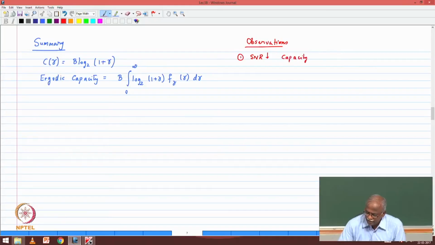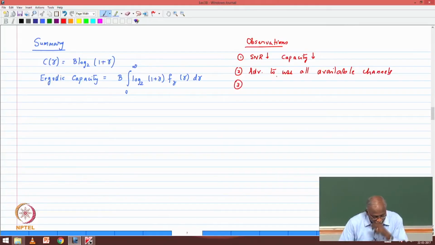That is something that we have to be aware of. Second, it is advantageous to use all available channels. That's what we saw in the example.